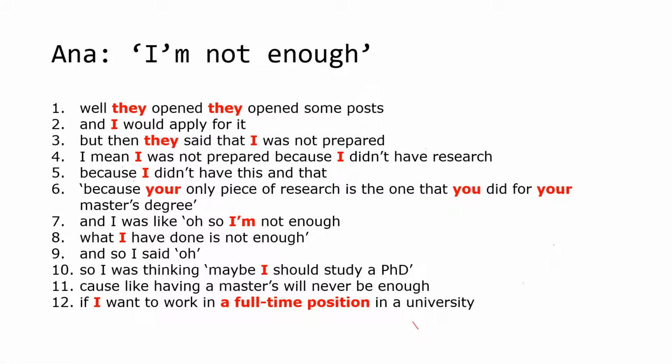It's very much they and I. She set up this conflict between them at the university and I, who's Anna, who is telling the story, right? So they and I, there's conflict going on here. They represent the university, and I, who is Anna, who's wanting a job at that university.